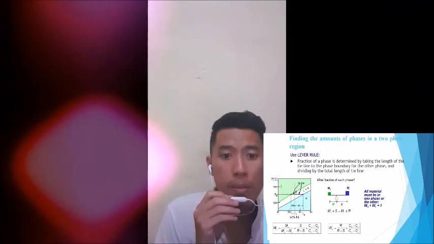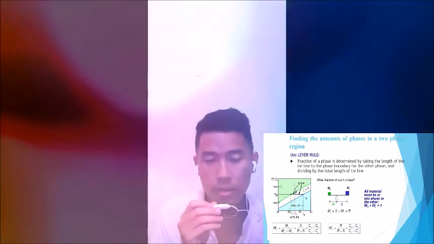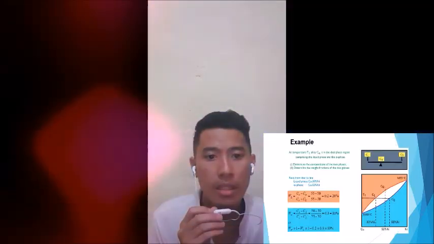You can use WL equals ML over ML plus M alpha, equal to S over R plus S, equal to C alpha minus C0 over C alpha minus CL. Then you can look at other examples.